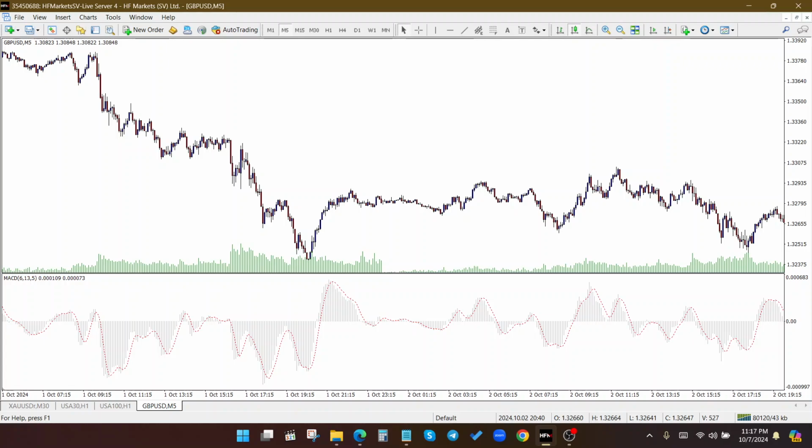Alright, now how do you use the MACD to identify trends? The MACD is a powerful tool for spotting trend direction and momentum. Here's how it works.